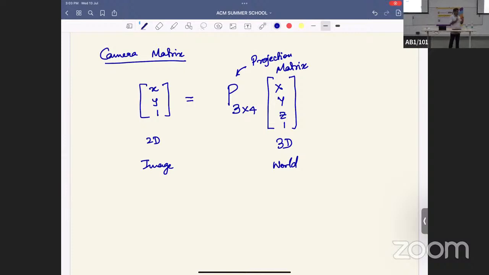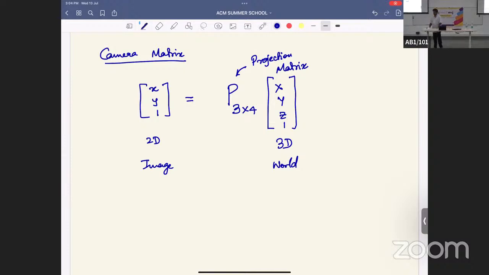Now, if you have two images in two constrained settings, and you want to relate the two images without going to 3D, it is possible. We can relate coordinates in one image with another image through a single 3x3 matrix, because the 2D point is represented as three-dimensional, so I need a 3x3 matrix to go from one representation in 2D space to another representation in 2D space.